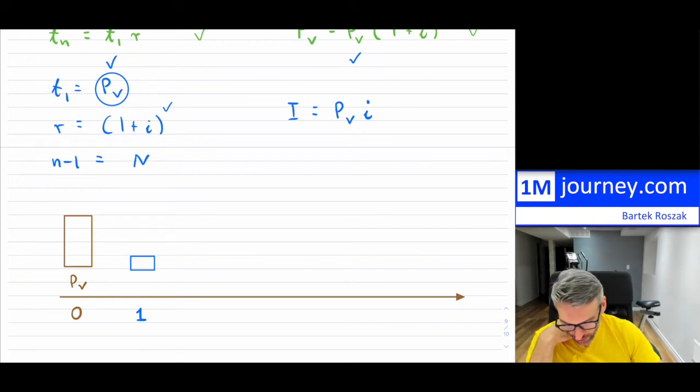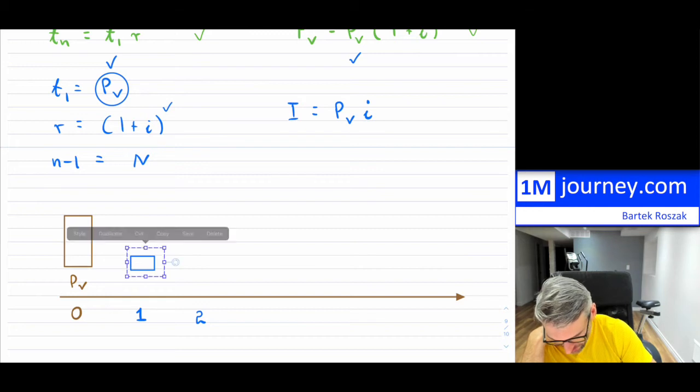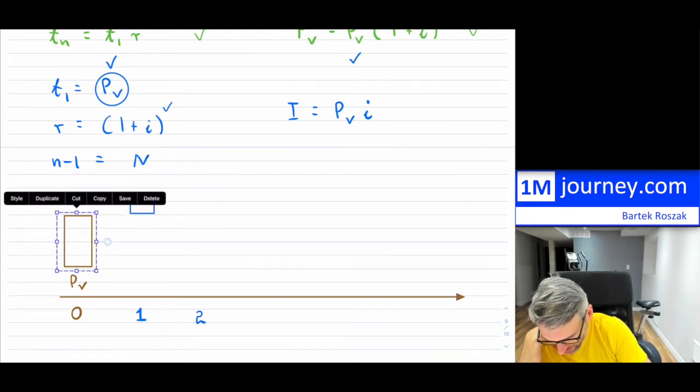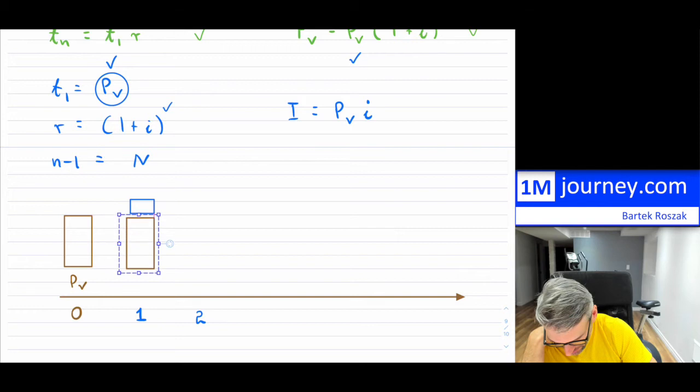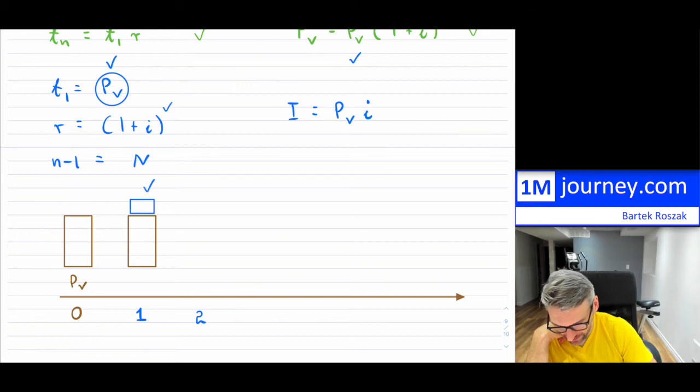And now for the following year, you're going to take this amount and add it on top of this amount. So now let me duplicate this and bring it down here. So now, after 1 year, this is what we have.